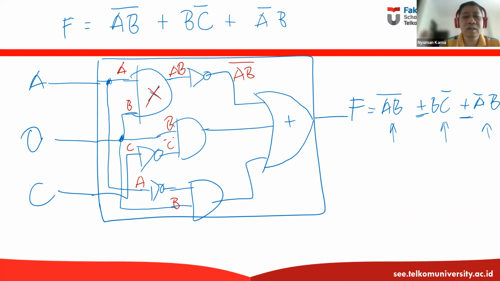This is C naught, and then this is multiplication, so it will become BC naught. And then this one becomes A naught, and then this one is multiplication, so it will become A naught B. And this one is addition, so the output F is AB naught plus BC naught plus A naught B.